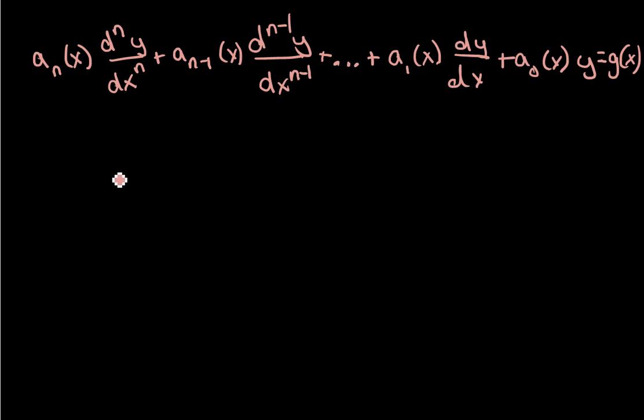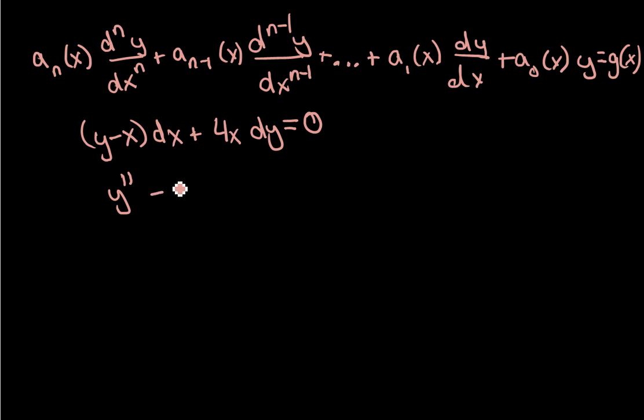Examples of this would be y minus x dx plus 4x dy equals 0. Another example would be y double prime minus 2y prime plus y equals 0.